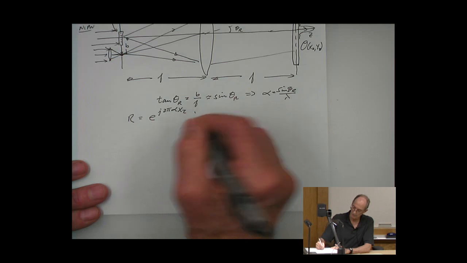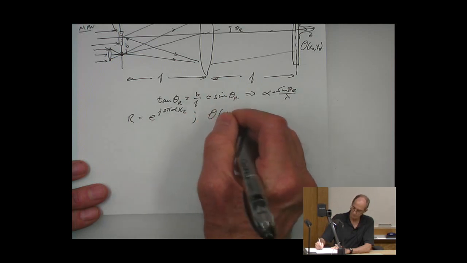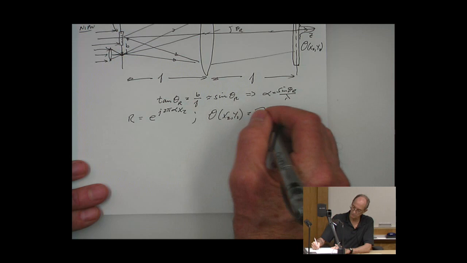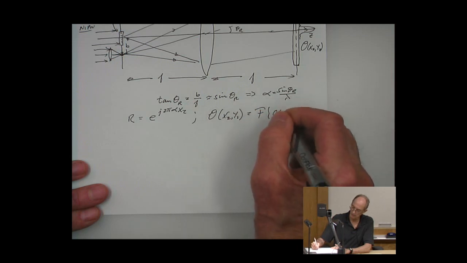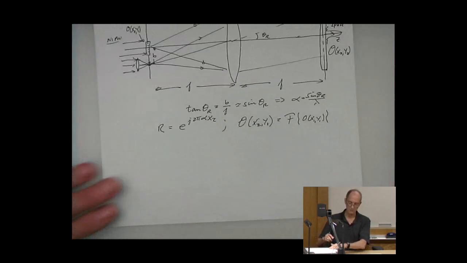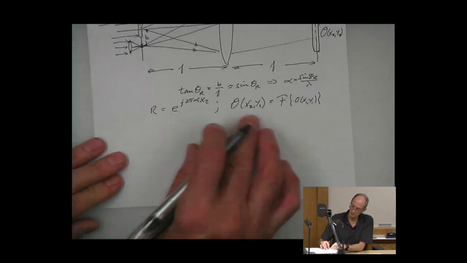So we have script O of x2, y2, and that's, again, equal to the Fourier transform of little o of x1, y1. Okay, so now these are our two fields.